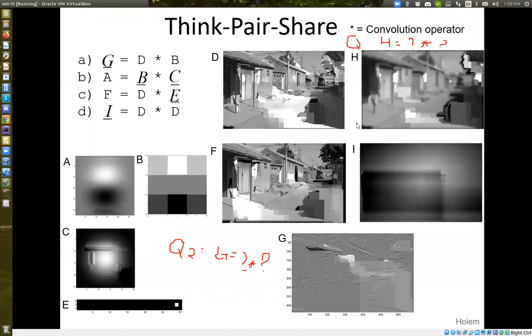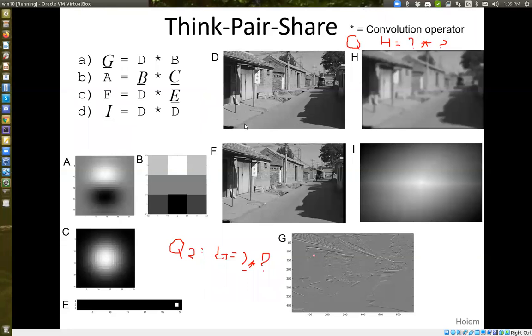D B will get something much more noisy. Here it looks much smoother. I will give a demo at the end, I guess. But if I have D B, it'll be a lot more noisy.